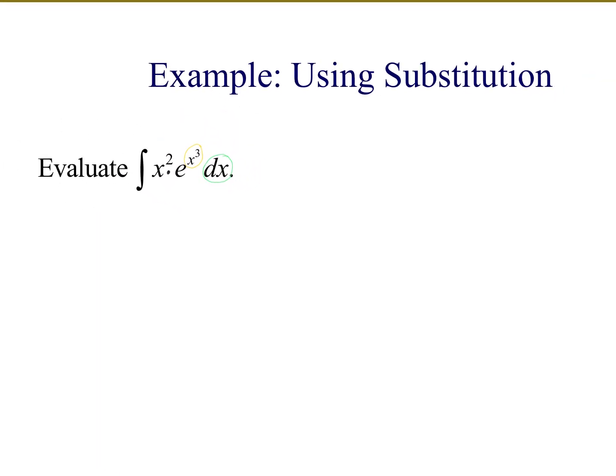So we're going to trust the process. So we're picking x cubed to be our u, which means 3x squared will be our du dx, which means cross-multiplying, dx by itself will be du over 3x squared. Trust the process.